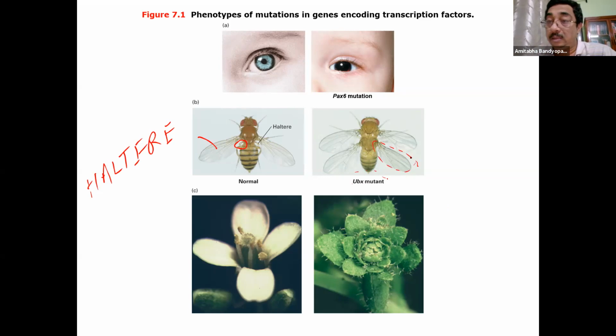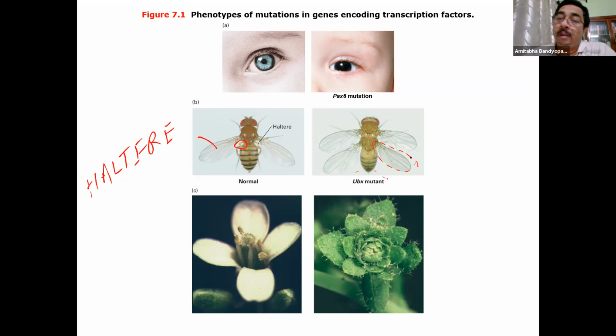So you can imagine that when UBX is present, it imposes the fate of haltere on what could have been another wing. But if UBX is not present, Ultrabithorax is not present, then that imposition is gone.